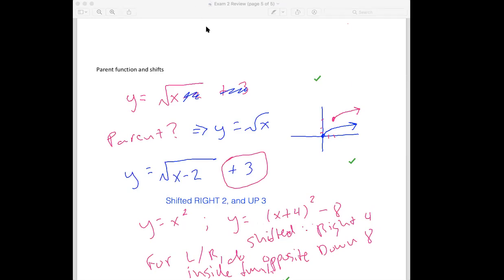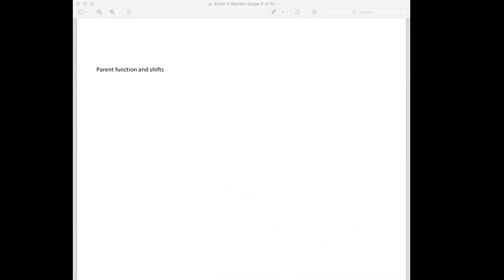I'm really surprised that this seems to be the thing that's tripping people up the most. I'm not sure if it's what the parent function is or just the shift. So let's say I have f of x equals x squared. That's going to look like this.